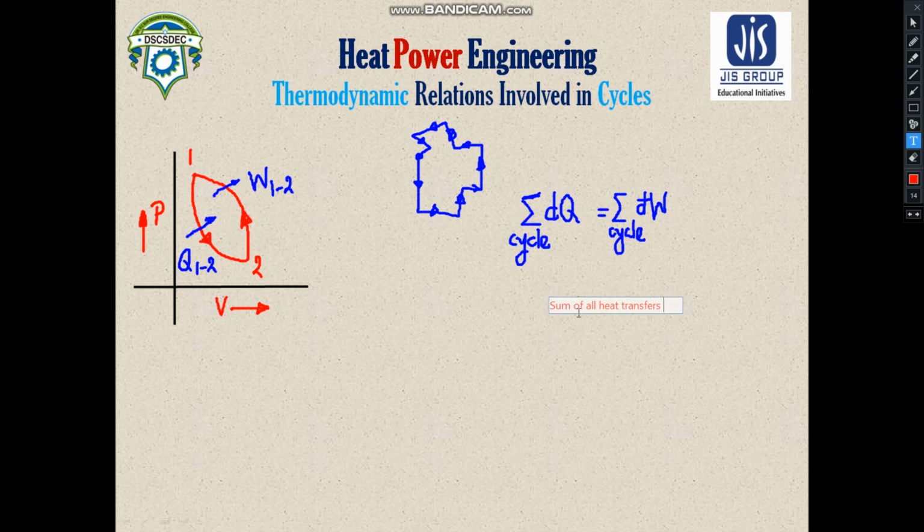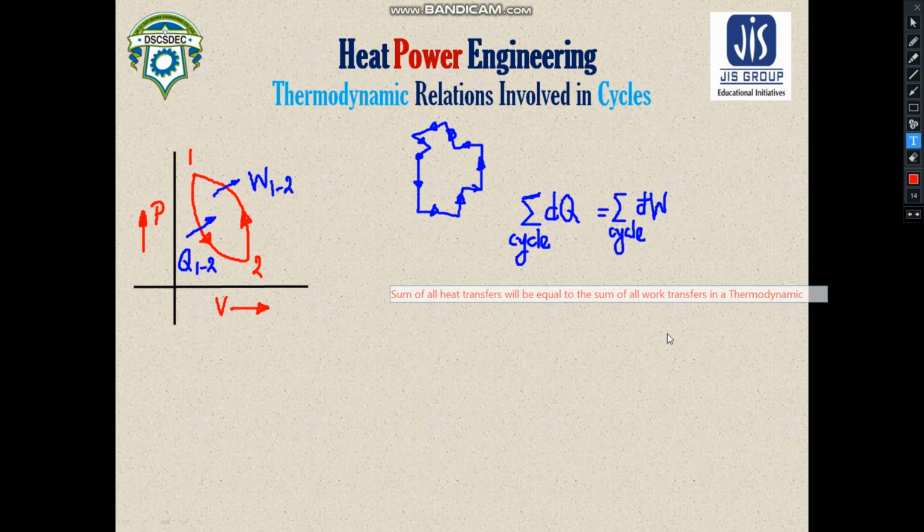Sum of all heat transfers will be equal to the sum of all work transfers. I spelled it wrong over there. Sum of all heat transfers will be equal to the sum of all work transfers in a thermodynamic cycle.